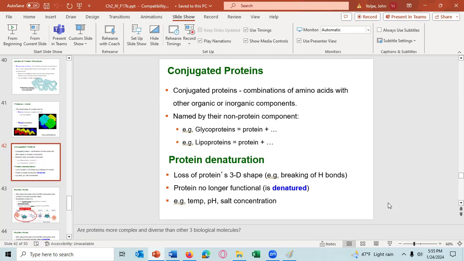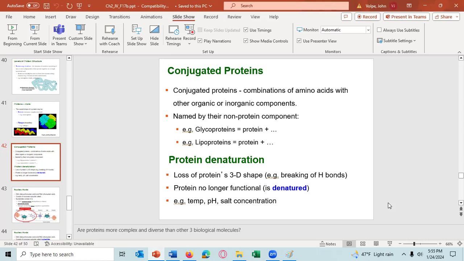A protein can denature when the protein loses its 3-dimensional shape, which can often happen when hydrogen bonds break, but it can also happen when hydrogen bonds form.